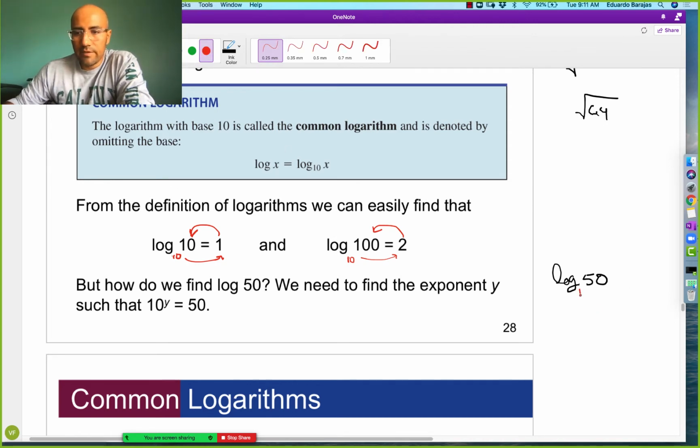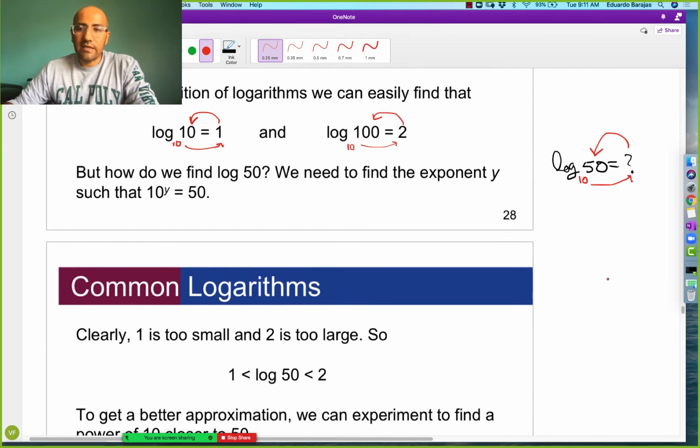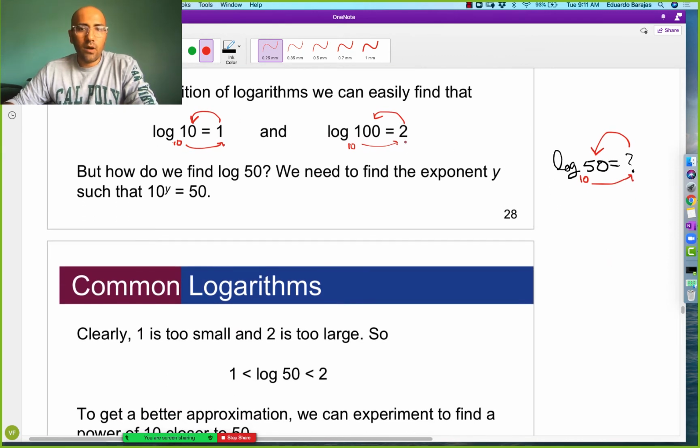Since there's no index, I can just insert a little 10 in there. And when they're asking you what this equals, in your head you should be thinking: 10 to what power, what exponent can I raise 10 to in order to get 50? Now it might not be a nice whole number like here, where 10 to the first power was 10 and 10 to the second power was 100. It might be a decimal value. 10 to what decimal value equals 50? So even if we don't know the exact answer, we have a sense of what it should be. It's somewhere between 1 and 2.